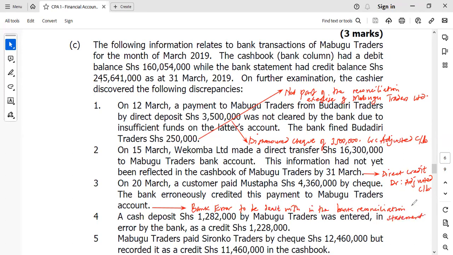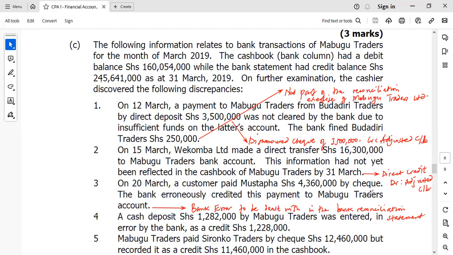Bank errors are not corrected from the cash book. What you have to do, of course, is inform the bank about this error, and then the bank will adjust your bank statement if it accepts that an error was made.